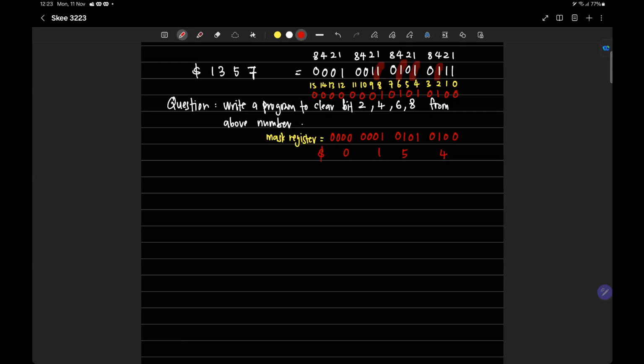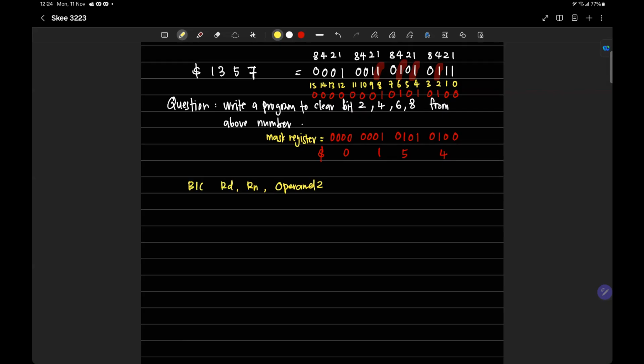Now we're going to write the program. We are going to use the BIC. BIC says that we need to have the destination register, and then the RN, the first operand, and the second operand.